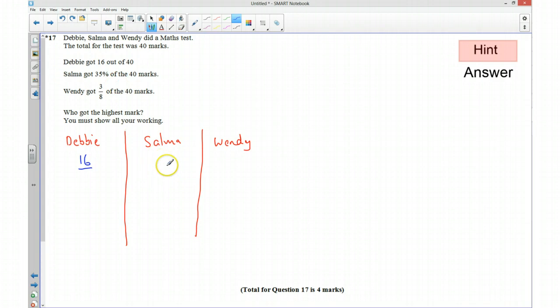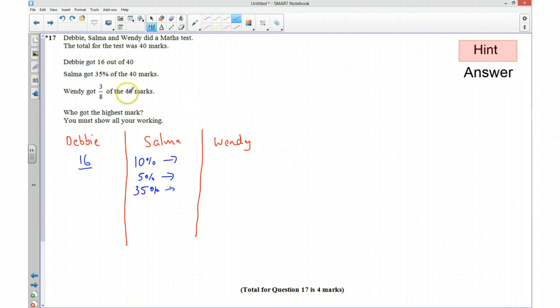So just a bit more of a hint on these. For this, we can work out what 10% of 40 is, work out what 5% of 40 is, and then decide how we can work out what 35% of 40 is. So work out 10% and then 5%, and then we should have enough information to work out 35%.